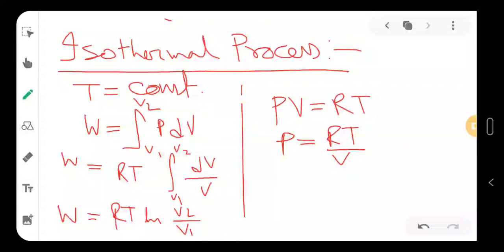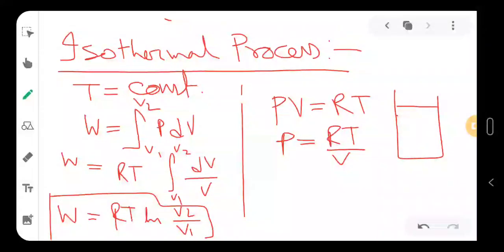This is the total work done in our isothermal process, where the process is so slow, and the piston moves in such a way that the heat energy gets adequate time to come and go.